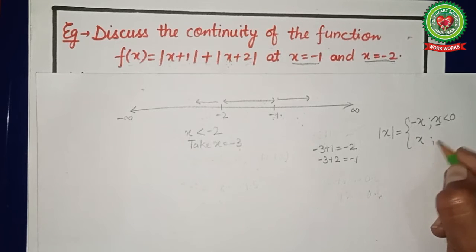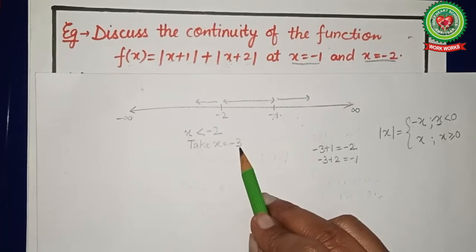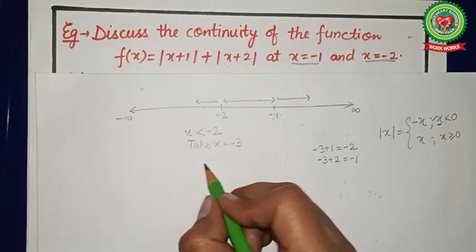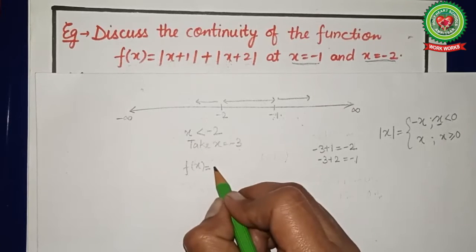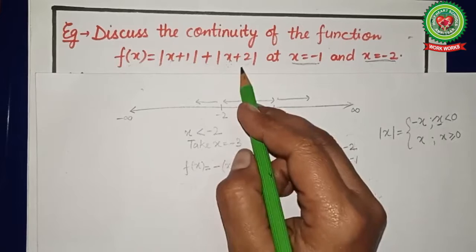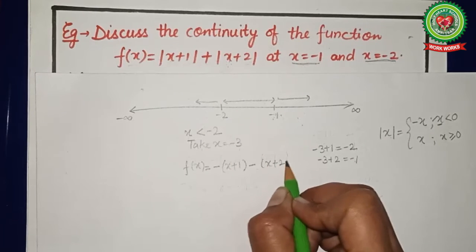Secondly, when x is greater than or equal to 0, it will be positive. Now on taking -3, both inner values are negative. So we can say f(x) = -(x + 1) - (x + 2).